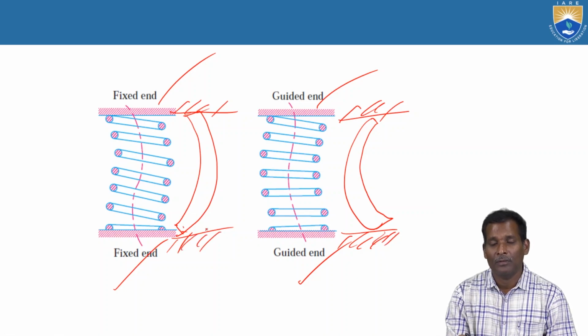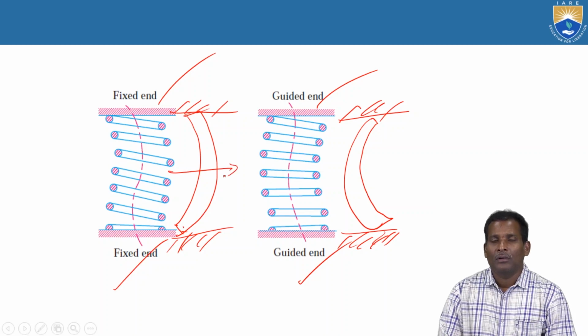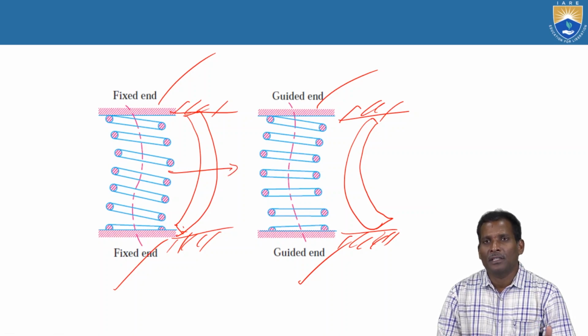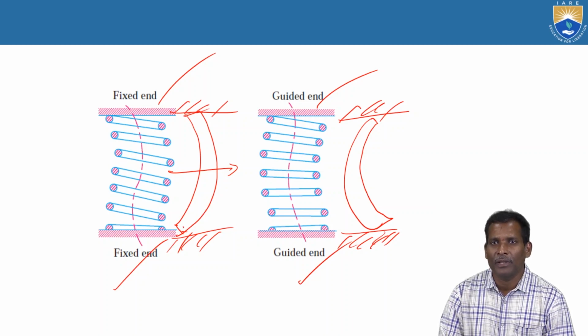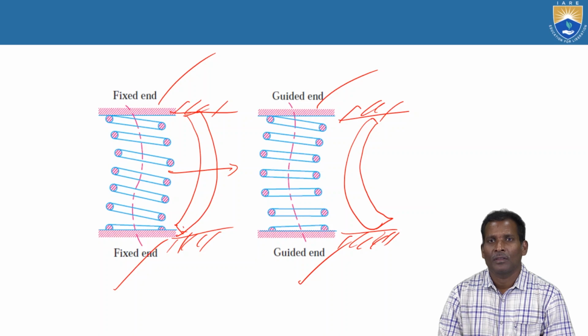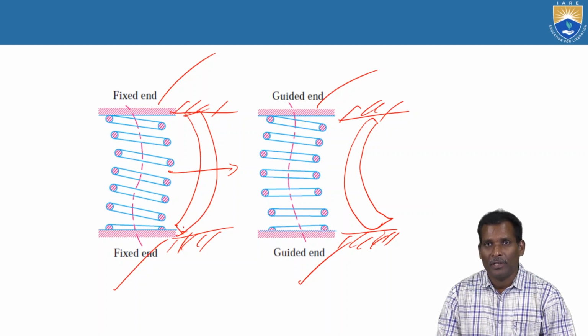If this buckling load increases, after some time the spring may fail. This phenomenon is called buckling. So how do we avoid this buckling? We give some supports to the spring.